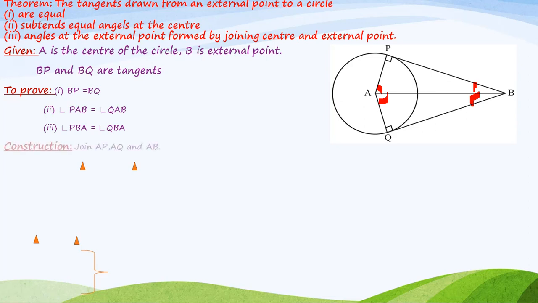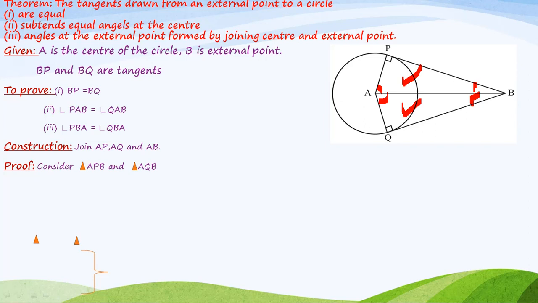Next, construction. Join AP, AQ and AB. Next, proof. Consider the triangles APB and AQB.